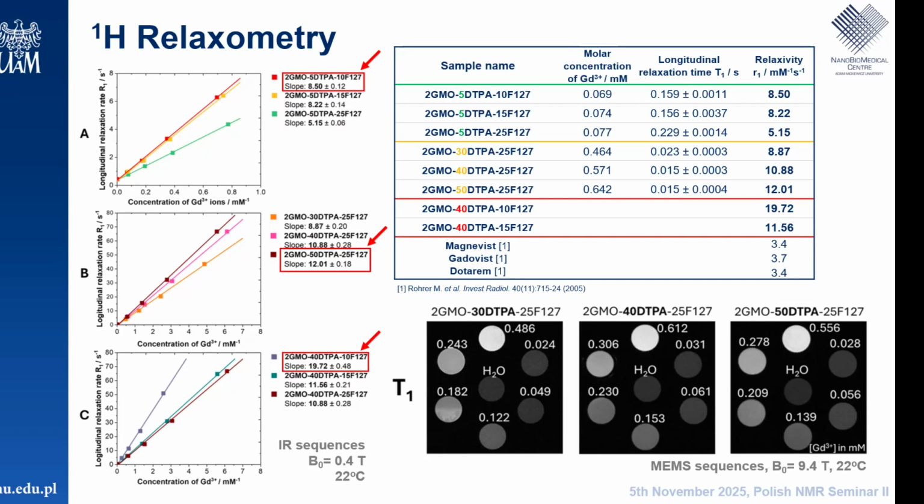That's why we can call it a positive contrast agent, because it brightens our image. What is also important is that even at the lowest concentration of gadolinium, we have better contrast than for the water sample. So yes, it's working.